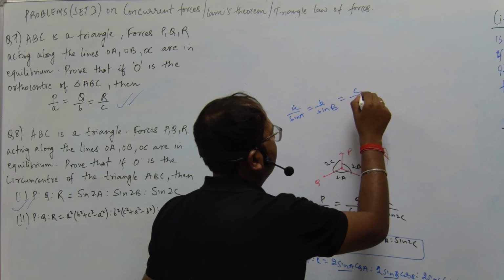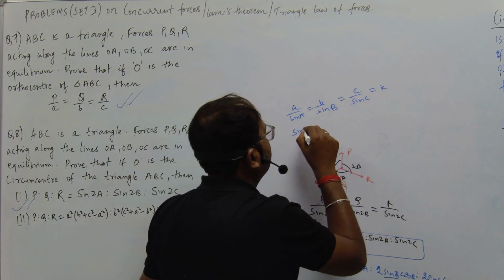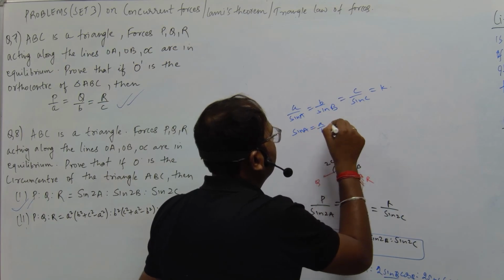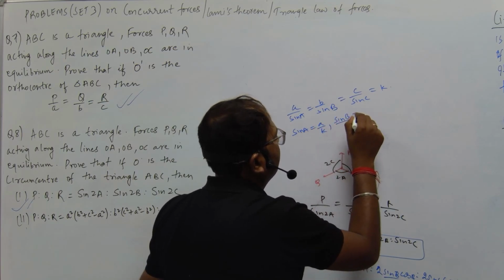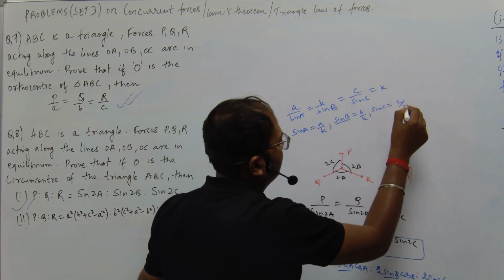Let us take this as k. So sin A is a upon k, sin B is b upon k, and sin C is c upon k.